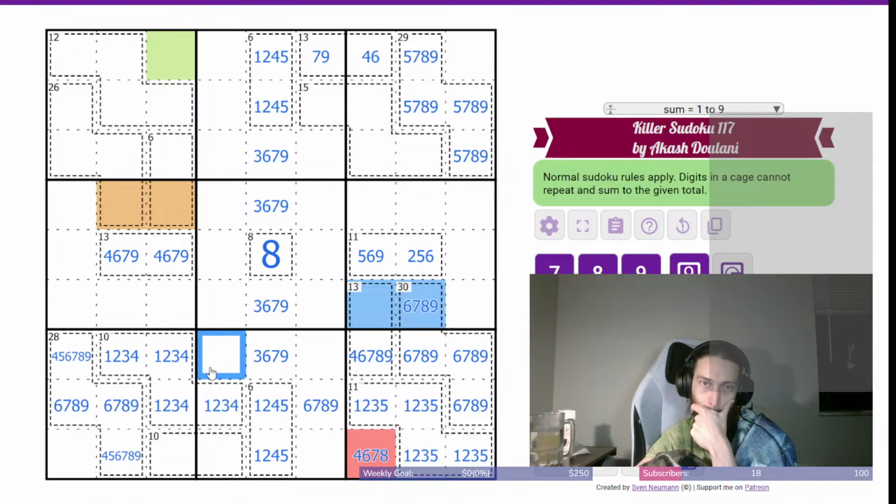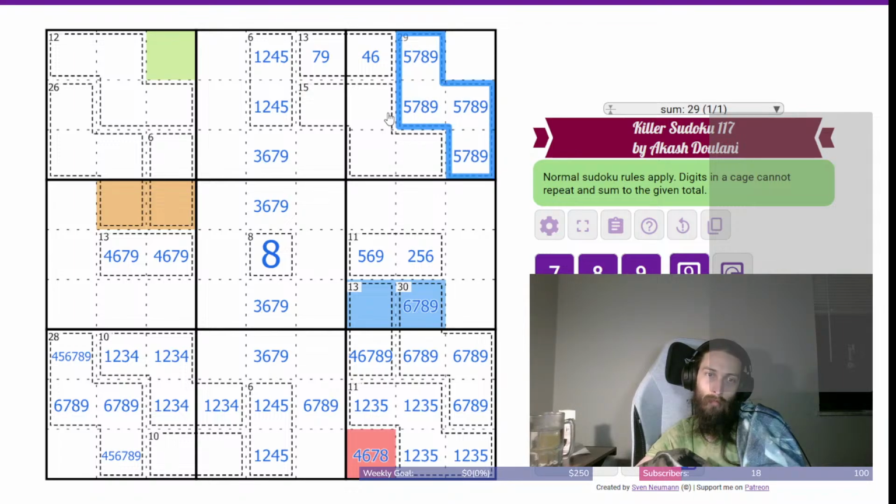Well, box 3, that's 12 less. Because 29 and 15 is 44. 44 and 13 is 57.